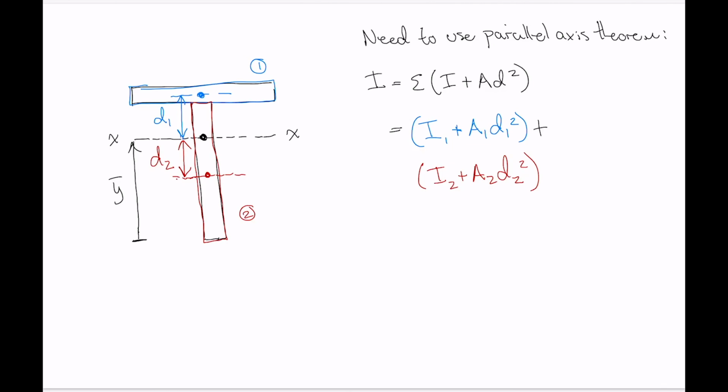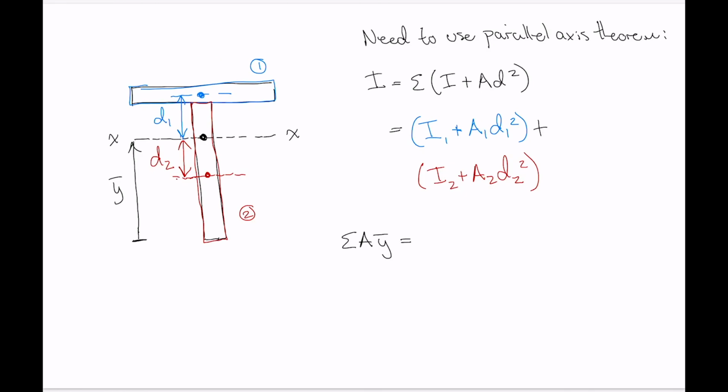In other words, if we take the summation of the areas, area 1 and 2, and multiply them by y bar for the whole cross-section, then that has to be equal to the areas of the component shapes multiplied by their centroids.